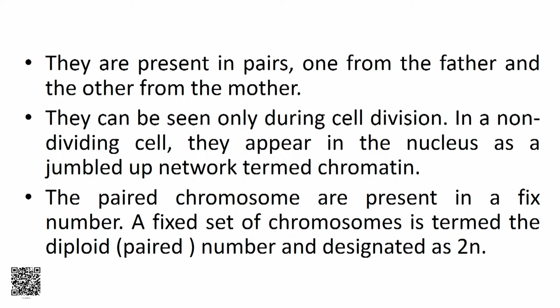They can be seen only during cell division. In a non-dividing cell, they appear in the nucleus as a jumbled-up network termed chromatin. Paired chromosomes are present in a fixed number. A fixed set of chromosomes is termed the diploid or paired number and is designated as 2n.